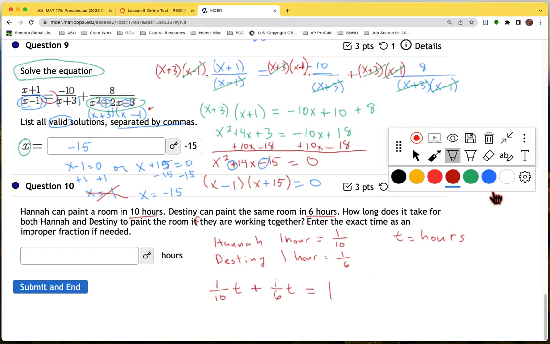Okay, and so the technique we use for this one, we could get a common denominator, but again, we can also just multiply both sides by the common denominator, which is 10 times, well, not necessarily 10 times 6. 10 is 2 times 5, right? 6 is 2 times 3. So the common denominator is going to have a 2, a 3, and a 5.